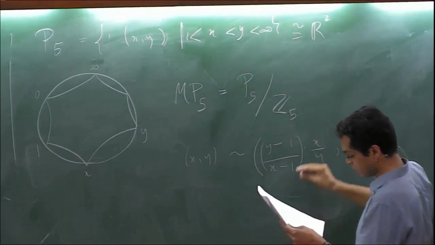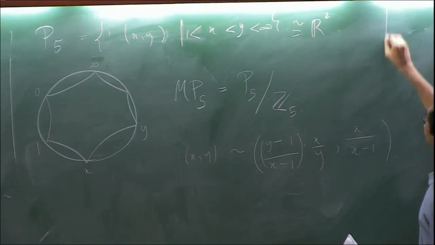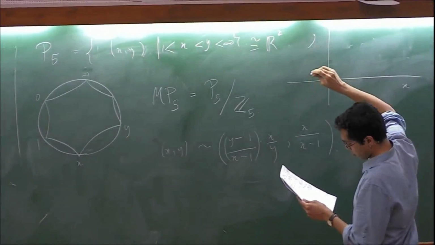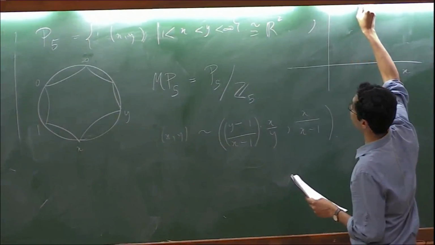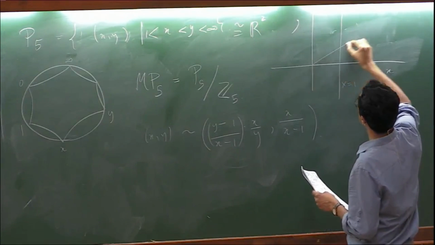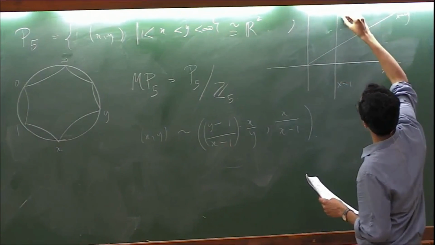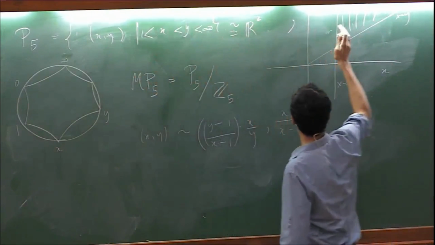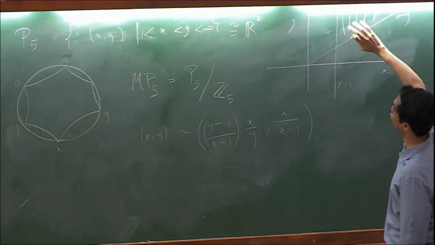So what does this domain look like? If you try to plot it on R2, with x and y coordinates, then x equals 1 is something like this, and this is x equals y. So this Teichmuller space of ideal pentagons is this domain over here.